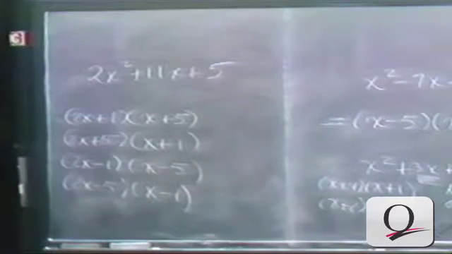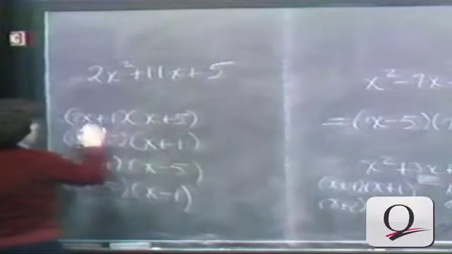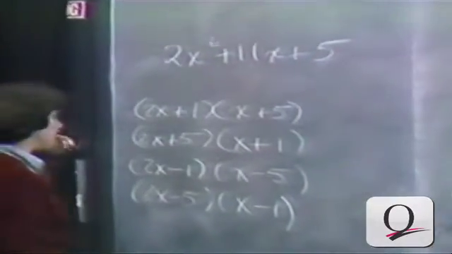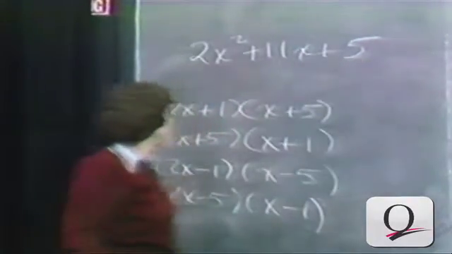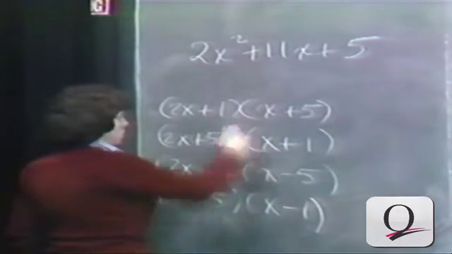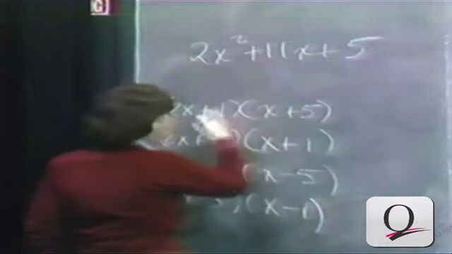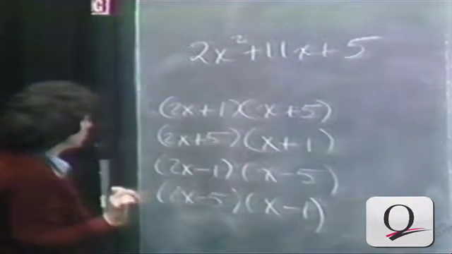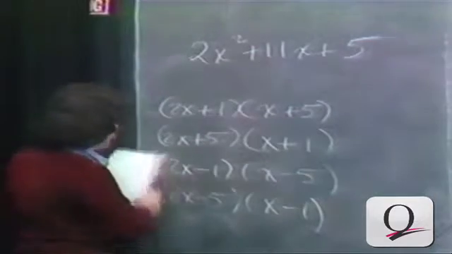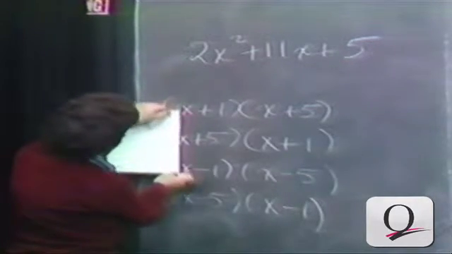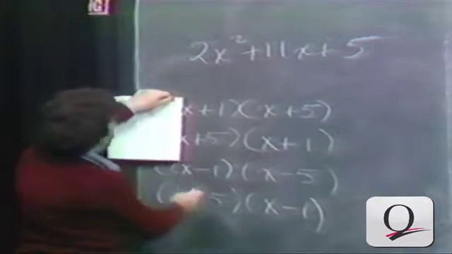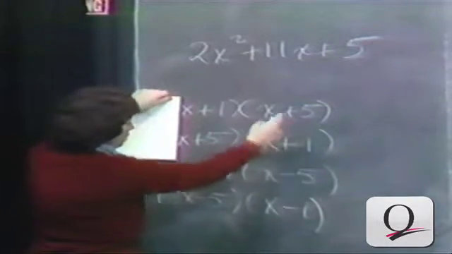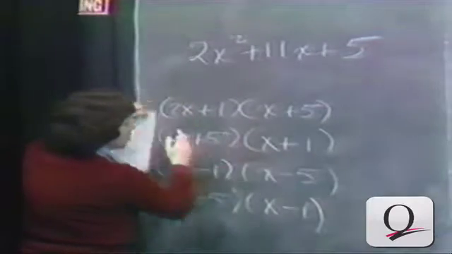In other words, we needed the first terms to multiply to 2x squared, and the last terms to multiply to plus 5. Now, how can you make plus 5? Either plus 1 and plus 5, or minus 1 and minus 5. But now order is important. If the lead coefficients were just x here instead of 2x, then of course these would be the same. x plus 1 times x plus 5 is the same as x plus 5 times x plus 1.